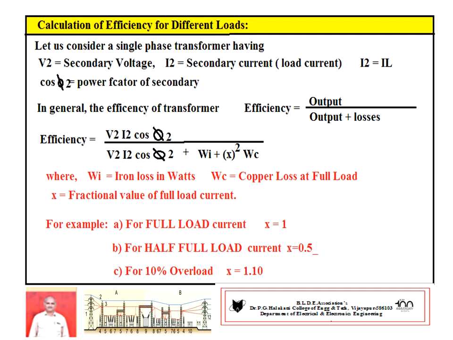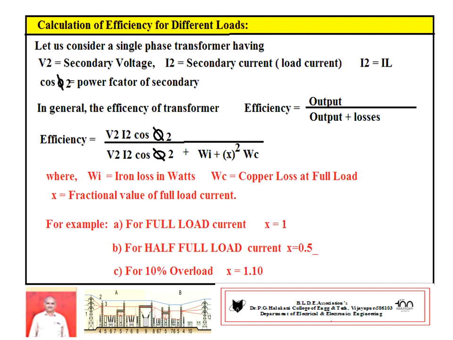In general, efficiency of transformer is equal to output divided by input. Input may be replaced by output plus loss. Again we have two types of loss, iron loss and copper loss. Hence in general, output power is V2 I2 cos phi 2.